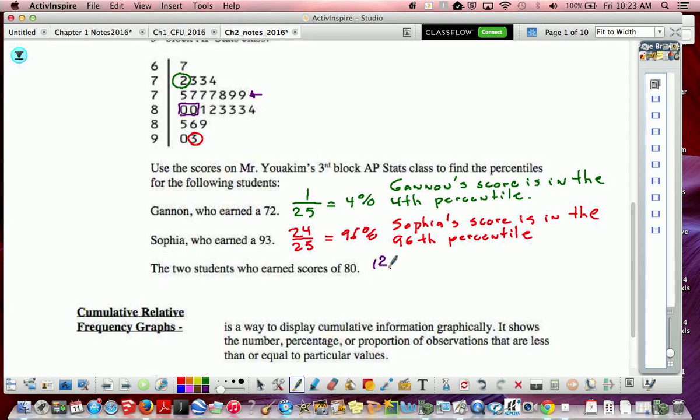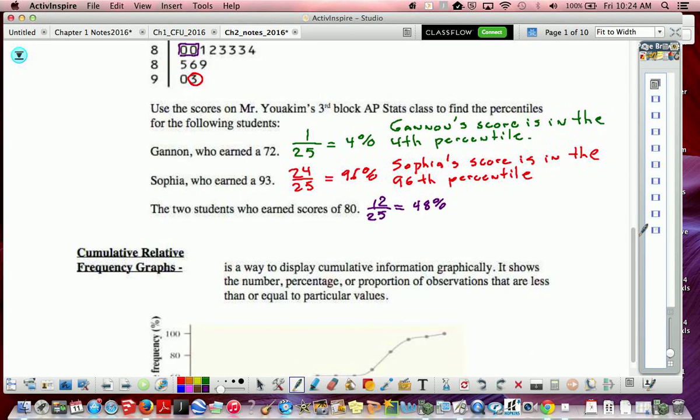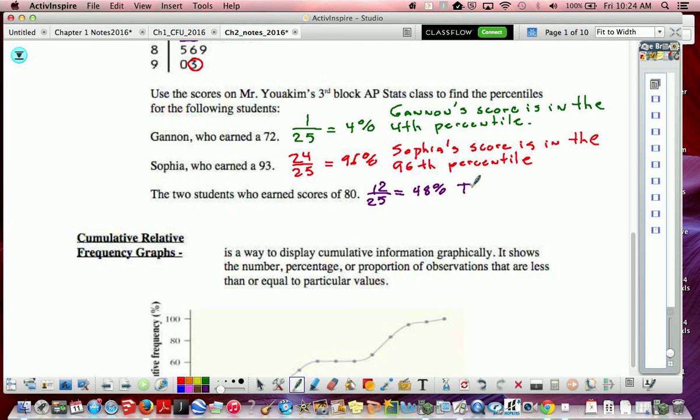So 12 out of 25, I believe, is 48%, 0.48. So these two students are in the 48th percentile.